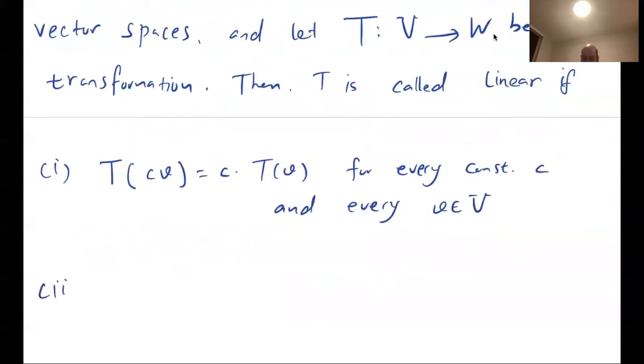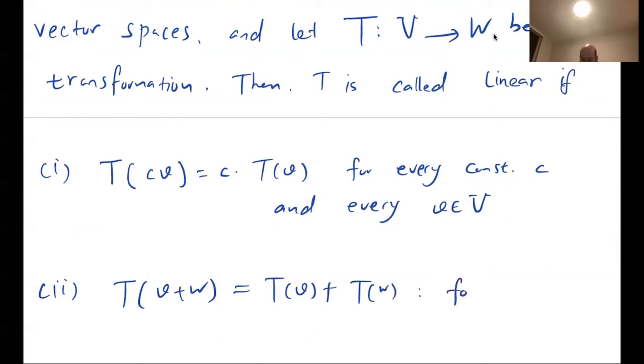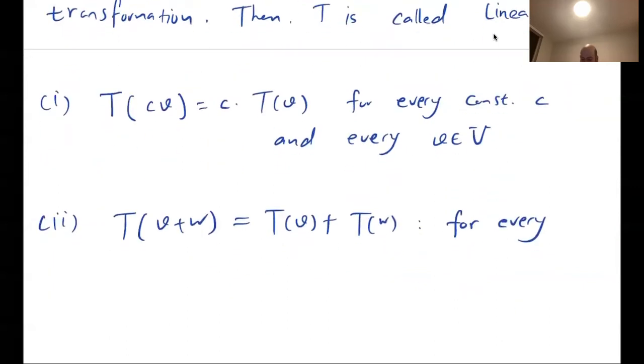And the second condition is that T of V plus W must be equal to T of V plus T of W. And this must be valid again for every V and W in the vector space V.